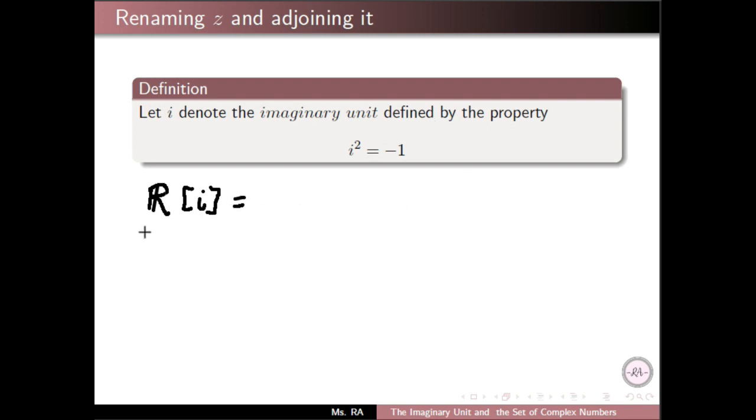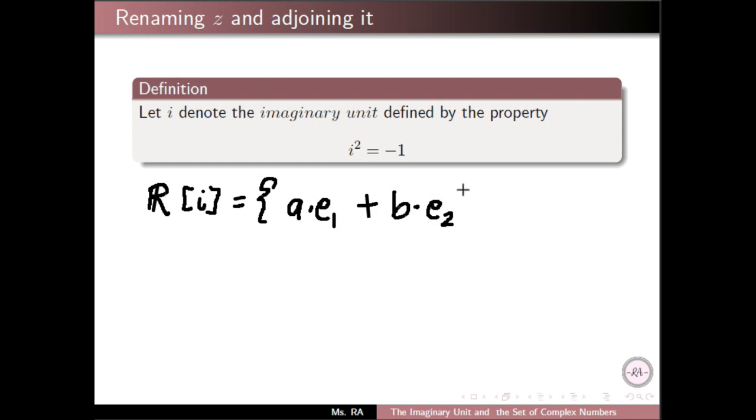By adjoining this to the set of real numbers, it's just the same as taking all the linear combinations of A times e sub 1, which is just equal to 1, plus B times e sub 2, the standard basis vectors of R2.